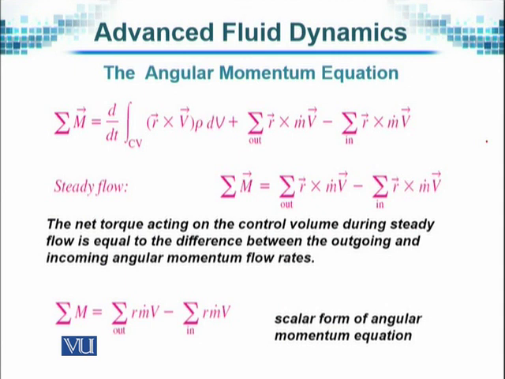Again, it is all the same thing, except the net torque acting on the control volume during the steady flow is equal to the difference between the outgoing and incoming angular momentum flow rates. So the flow rate at the outgoing minus the incoming, and the difference of the two should be equated to the external forces that are being applied.